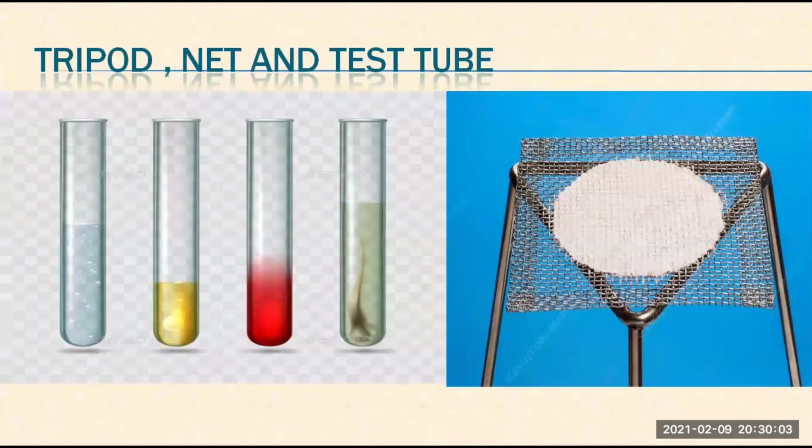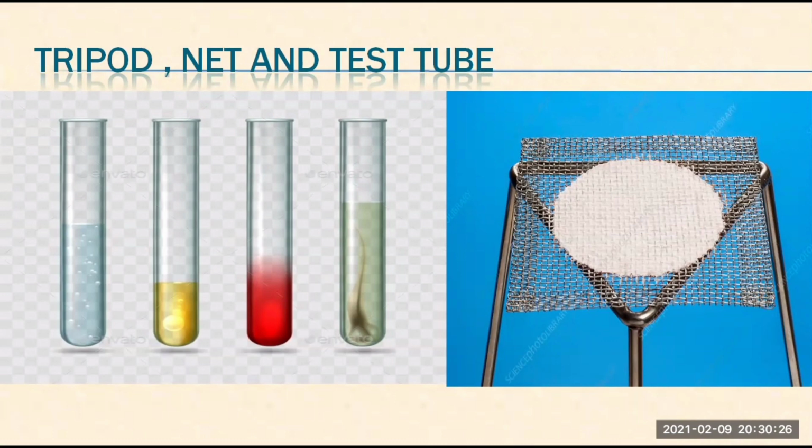Okay, students, so this is the tripod, net and test tube. A tripod has three legs, and when you do any experiment, some beaker is kept on the tripod. Under the tripod you burn the spirit lamp.